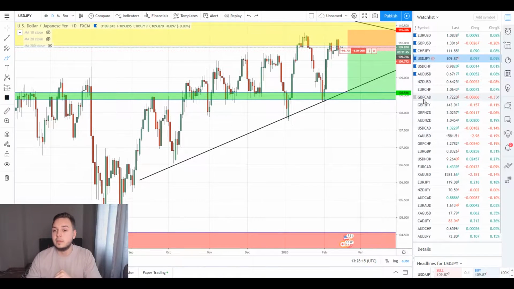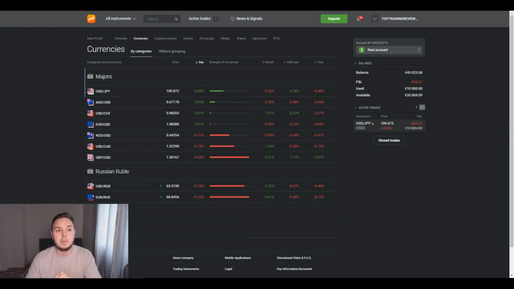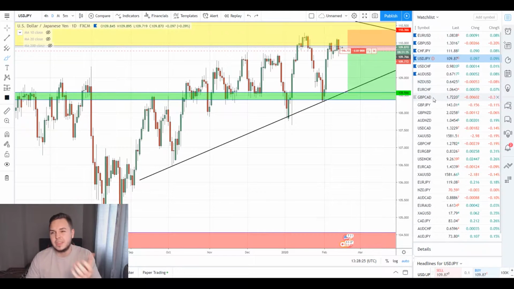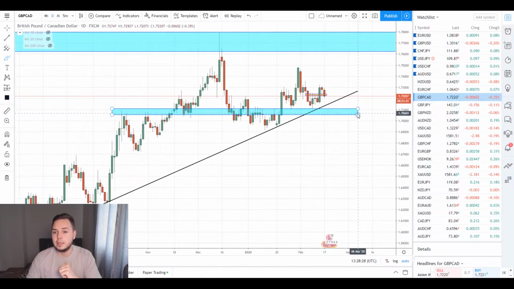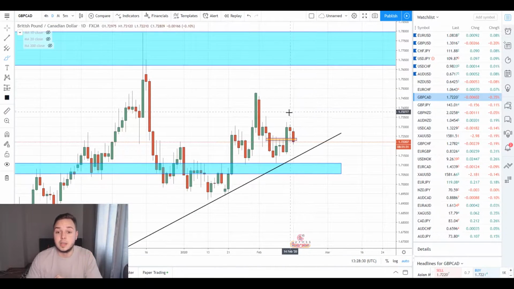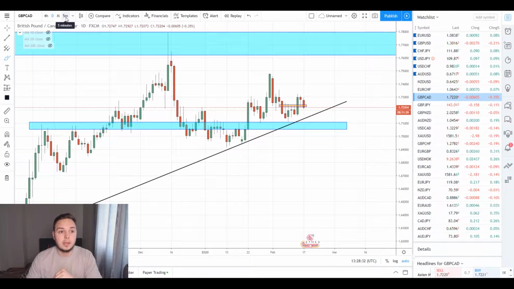There's not a lot of volatility currently, but USD JPY is probably gonna be in the profits, although the spread difference currently, I just placed this trade, it's minus 45 euros at the moment, but it's gonna be fine, I believe so. At least the technical indicators are telling me this. So anyway, let's have a look.